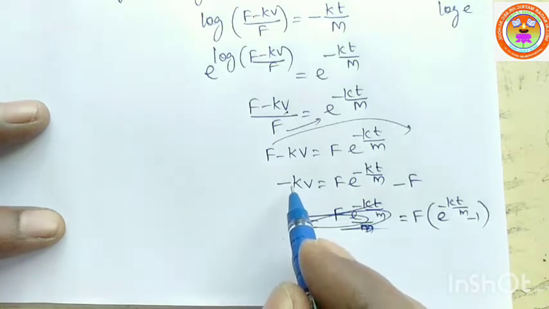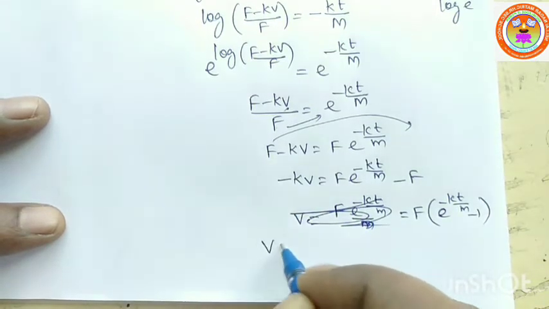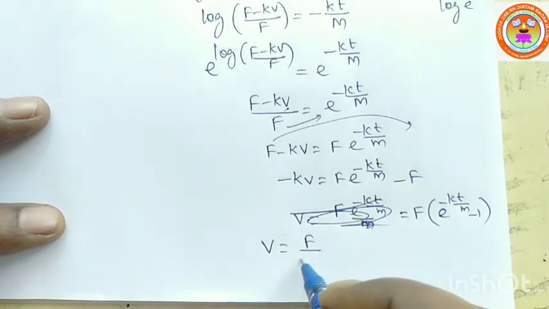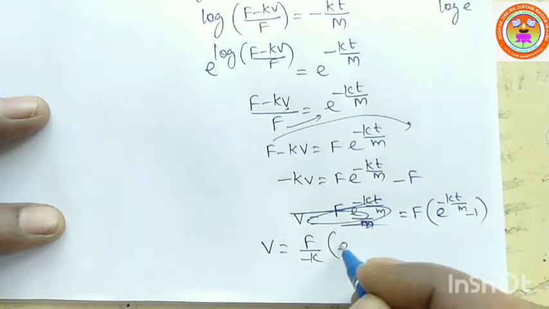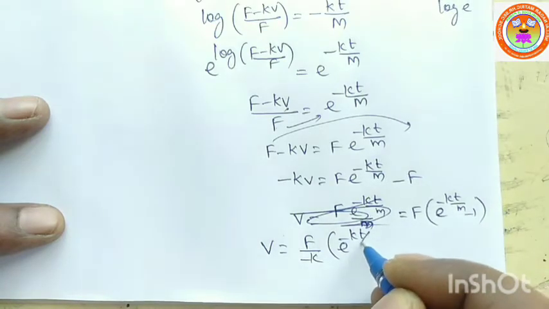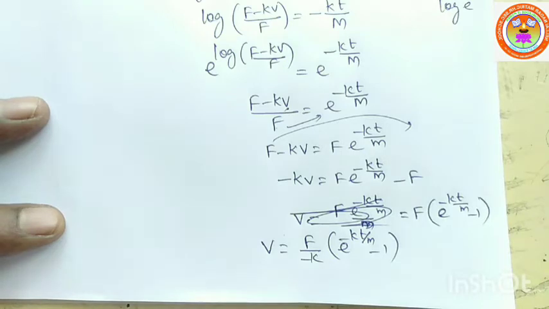Now bring down this minus k. So v is equal to f by minus k into e power minus kt by m minus 1.